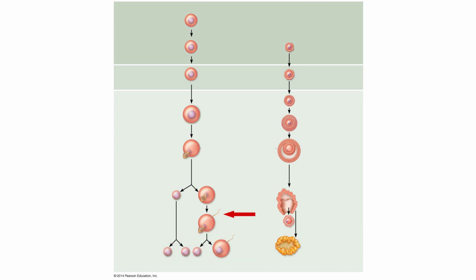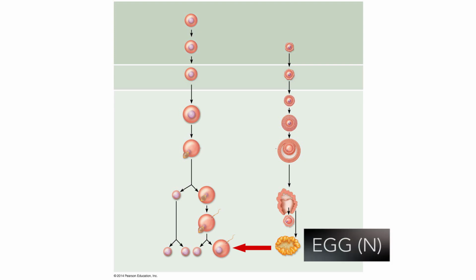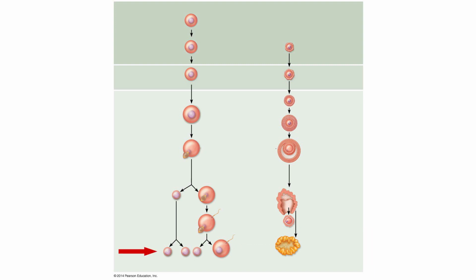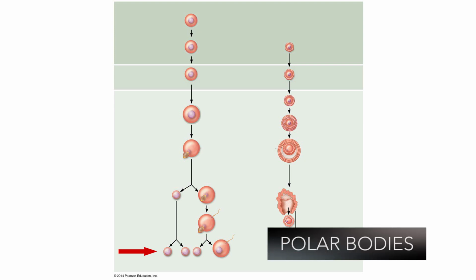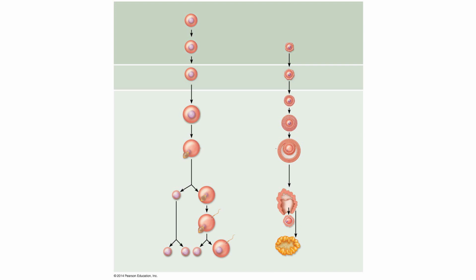When sperm initiate contact with the secondary oocyte, then it completes the meiotic division and produces an egg, which is, of course, N, half the number. Now, the other 3 that would be produced turn into polar bodies. And only one becomes an ovum, which will be the egg.